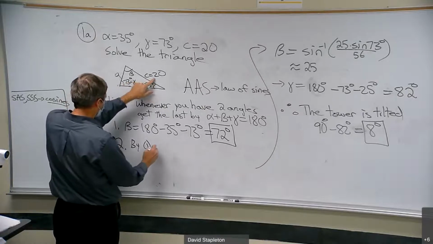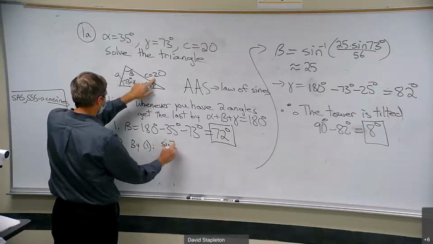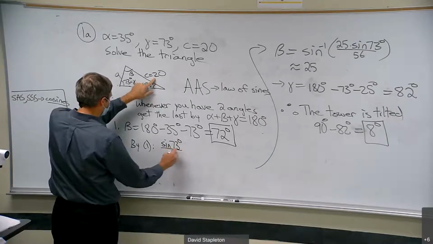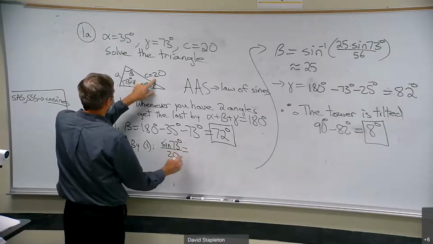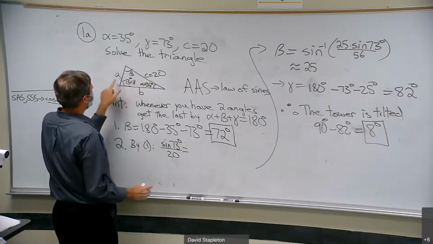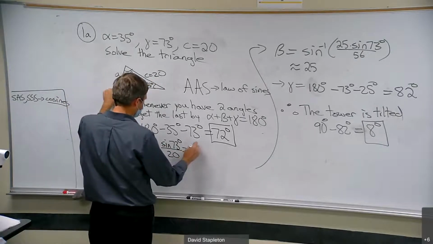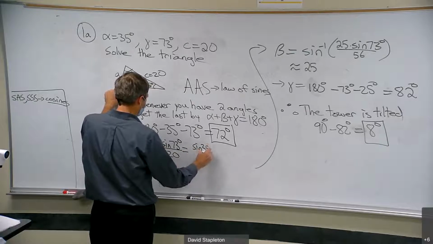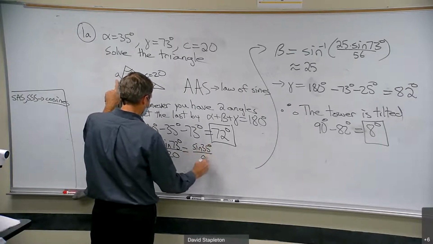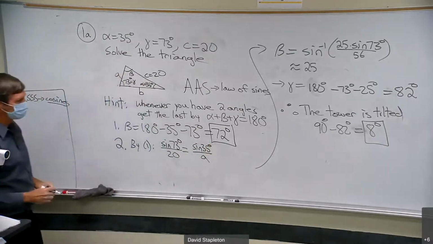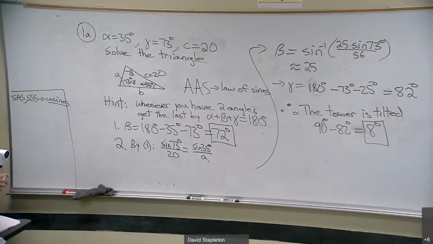So I'll say sine 73 degrees is to 20 as, well, let's say I need to find A. So I'll say sine 35 is to A. There it is. So here's an equation with three of the numbers I already know and one I don't know.